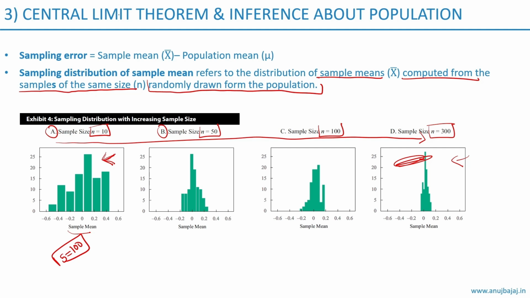So on the next slide, we will understand how the sampling distribution and the central limit theorem help us find out the error or the difference between the sample mean and the population mean.